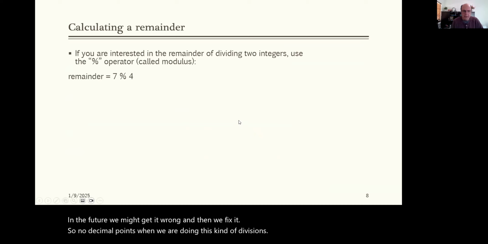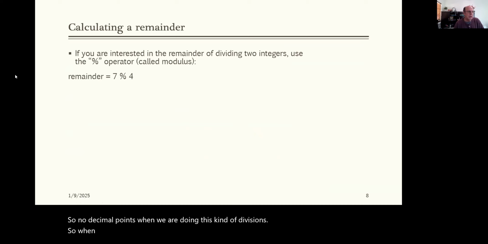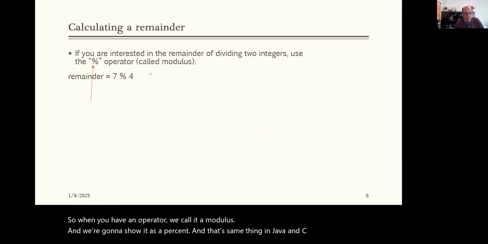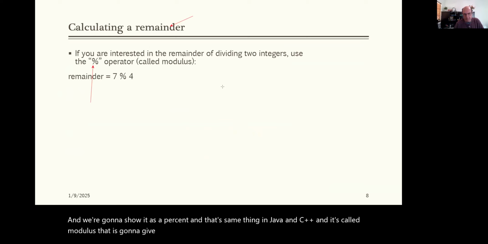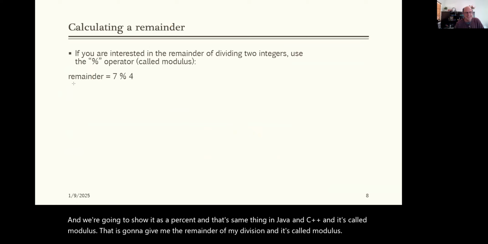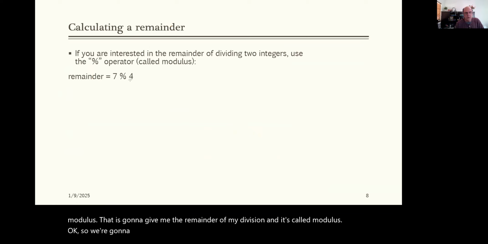So we have an operator we call modulus, and we show it as a percent sign. It's the same thing in Java and C++. That is going to give me the remainder of my division. So we're going to say 7 modulus 4.